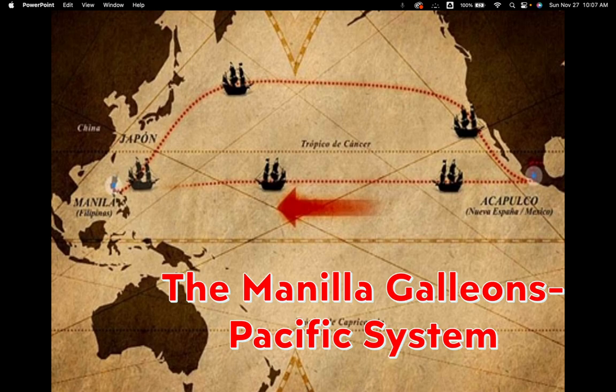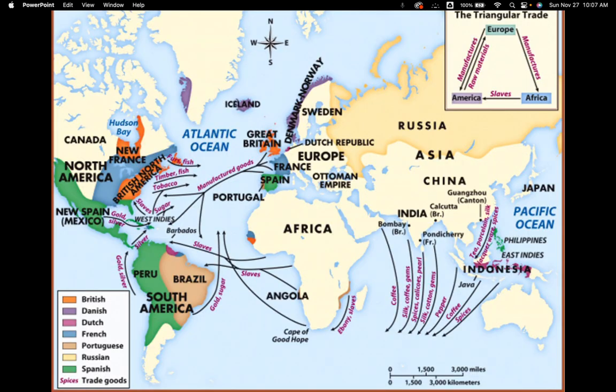The last trade system that was new is the Manila Galleons, also known as the Pacific System. And as you know, this was created by the Spanish, who took large loads of silver from Potosi and Zacatecas, went to the Philippines, and traded them for Chinese goods. So essentially, this characteristic focuses on the fact that these three smaller webs of interaction were connected by maritime routes.